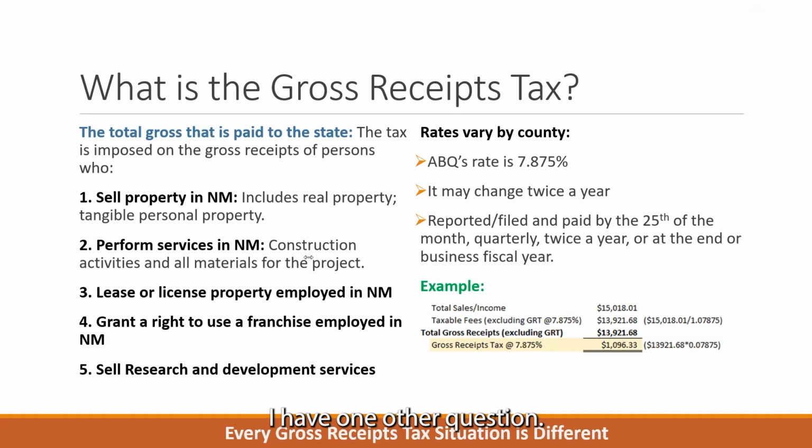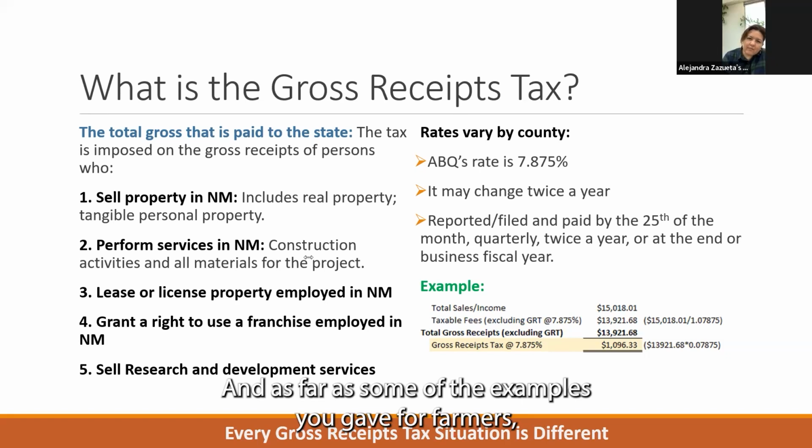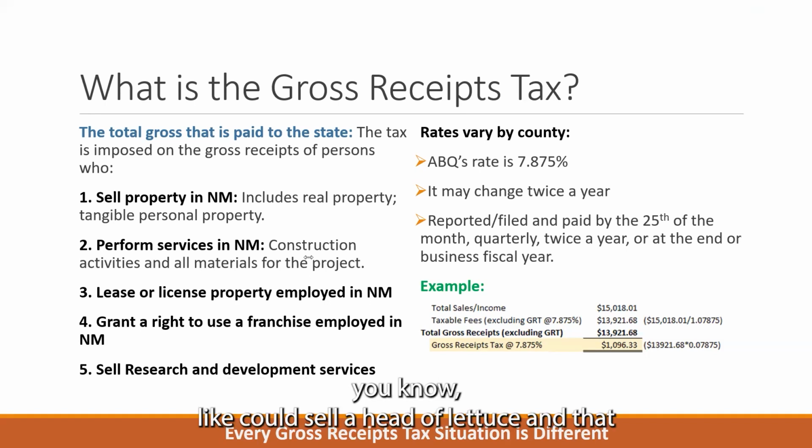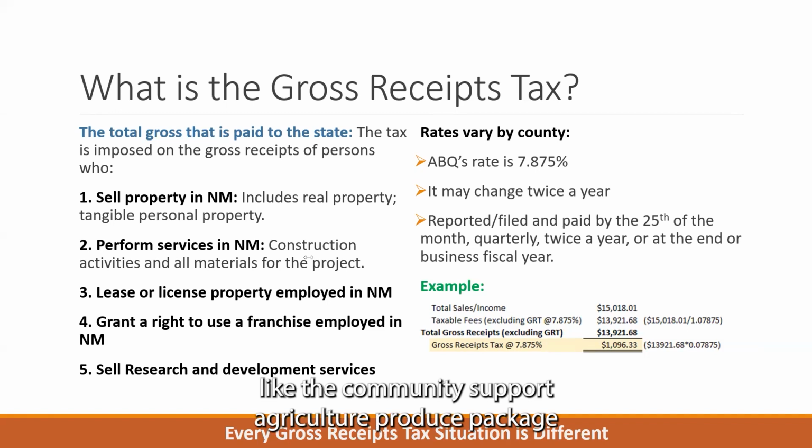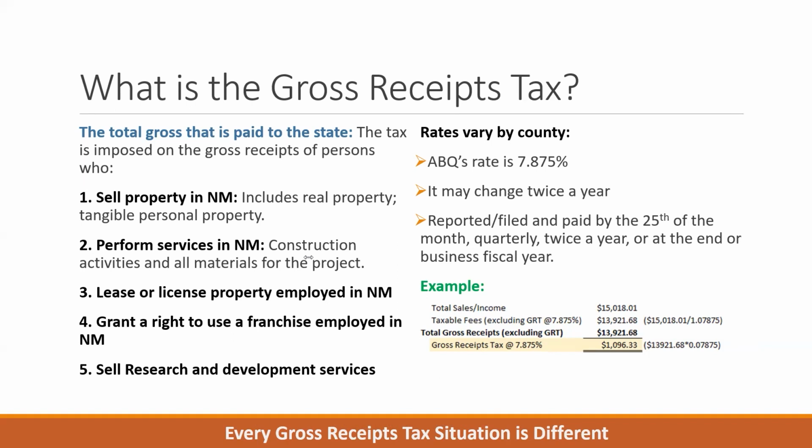I have one other question. Okay. And as far as some of the examples you gave for farmers, like could sell a head of lettuce and not be taxed, is that the same for a CSA package, like the community supported agriculture produce package?